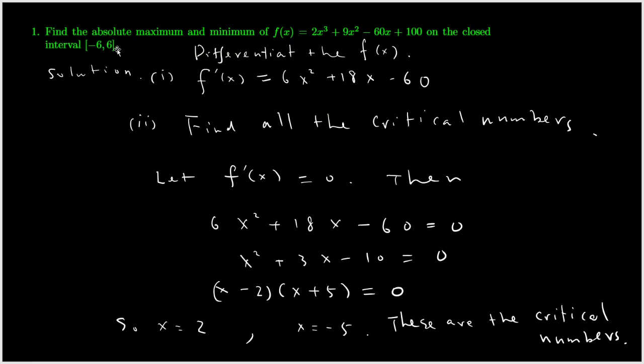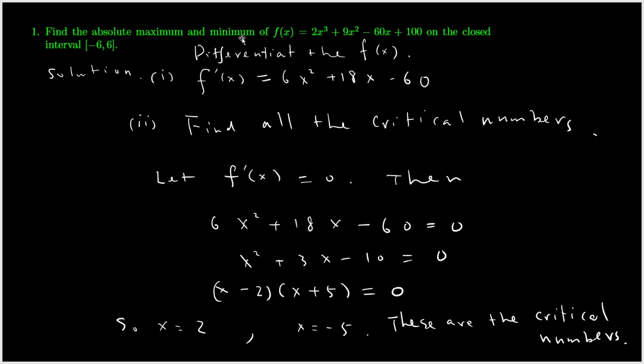So what can we do next? We do not need a table, actually. What we do next is to evaluate the function at the 4 possible locations. Then the largest is going to be the absolute maximum, and the smallest is the absolute minimum. Does that make sense?